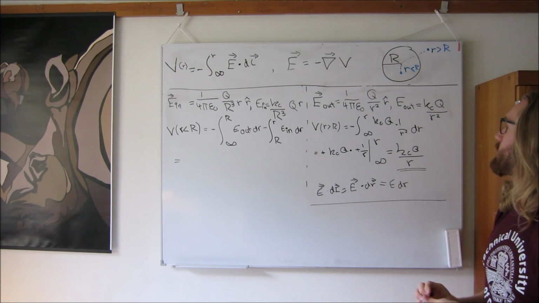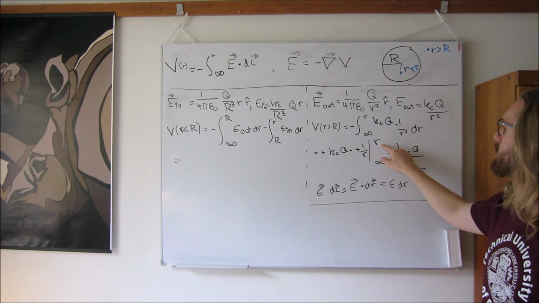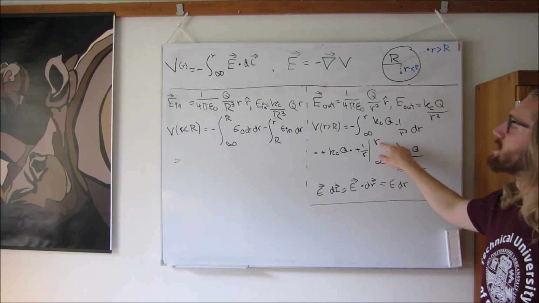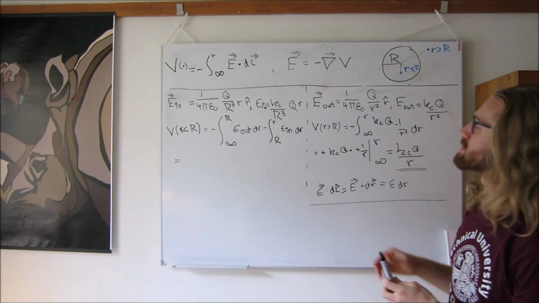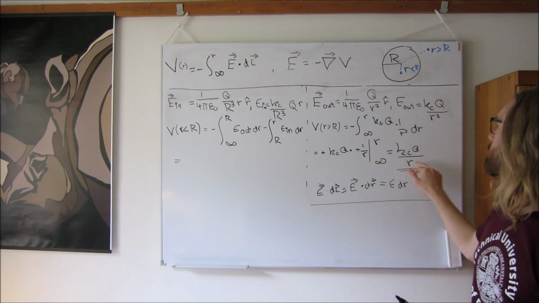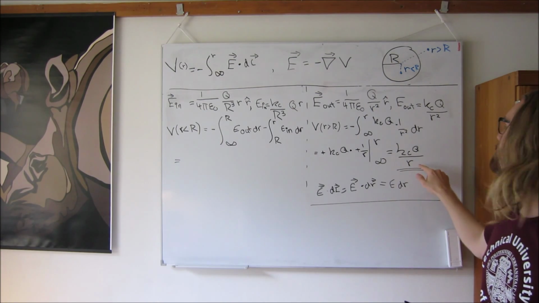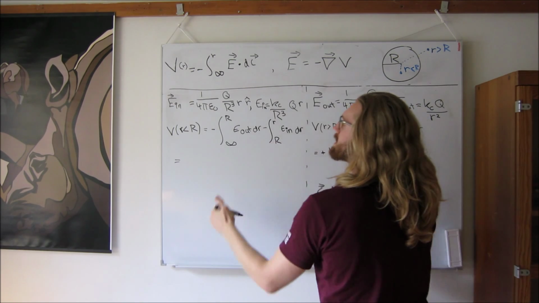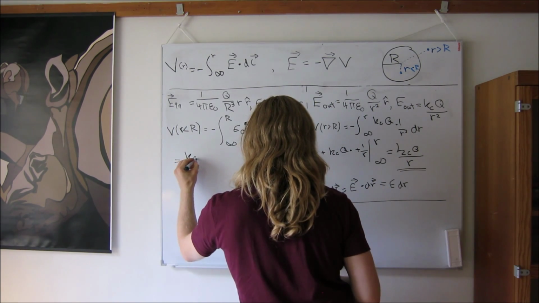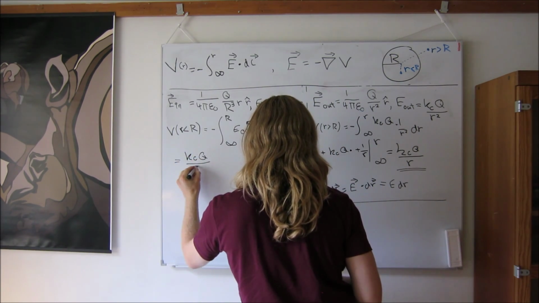We did all that already, just evaluated at infinity and small r. Now we evaluate it at infinity and capital R, so we just get an expression that looks like this one, only we switched a small r to a capital R. So this first part simplifies to Coulomb's constant, the charge, and then the radius.